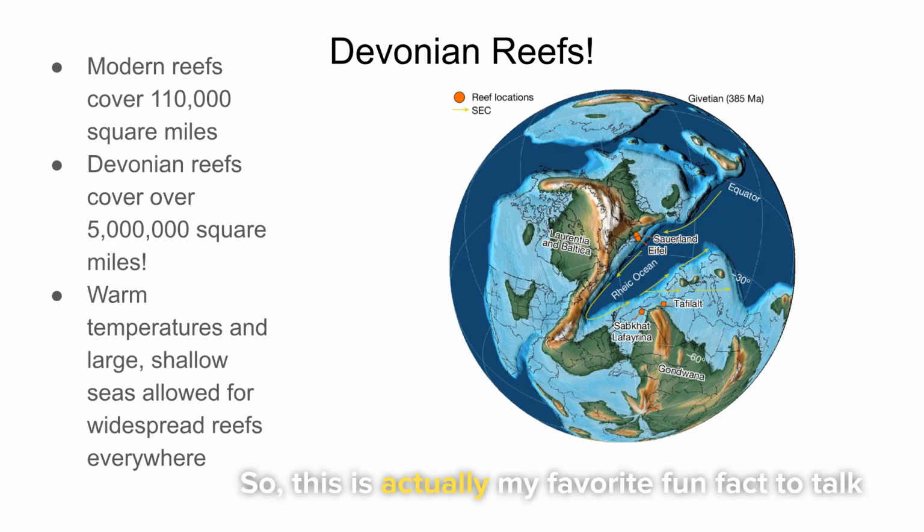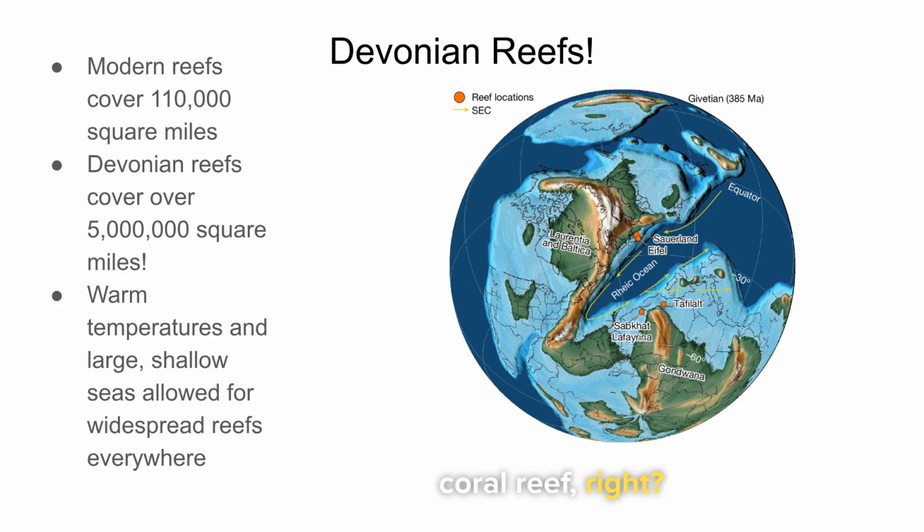So this is actually my favorite fun fact to talk about when it comes to the Devonian reefs. Our modern coral reefs have around 110,000 square miles of reef tract, right? And with that, 25% of all marine organisms have at least some stage of their life cycle in the coral reef, right? So imagine this.